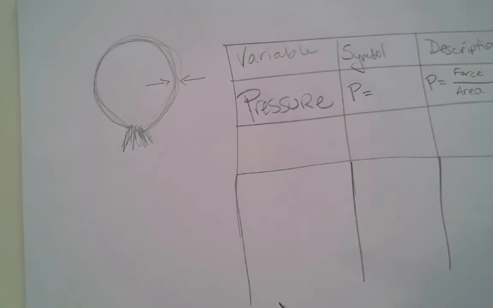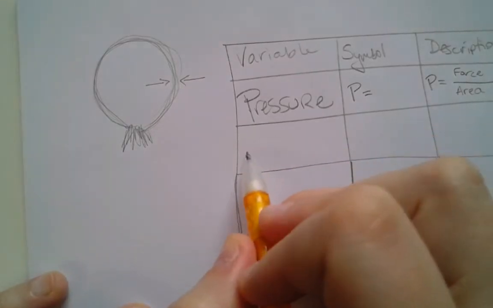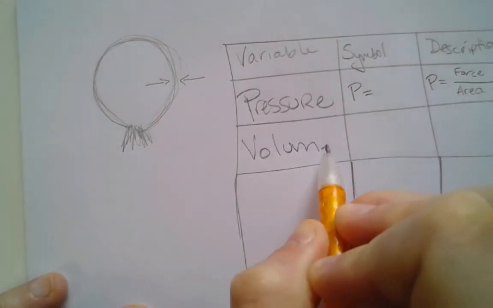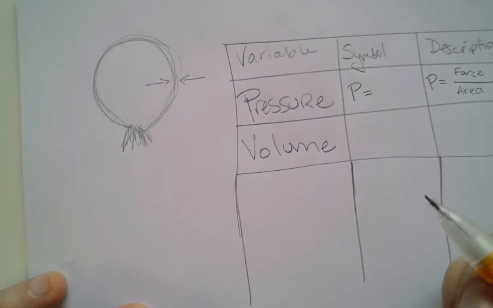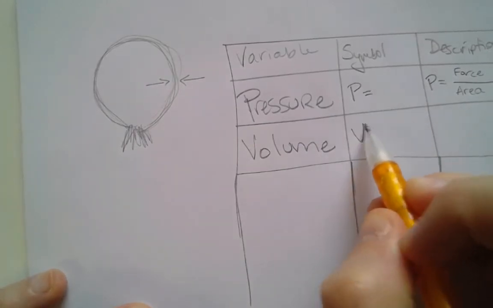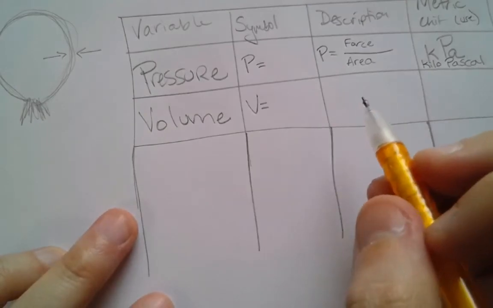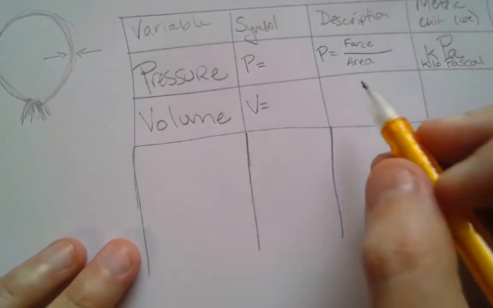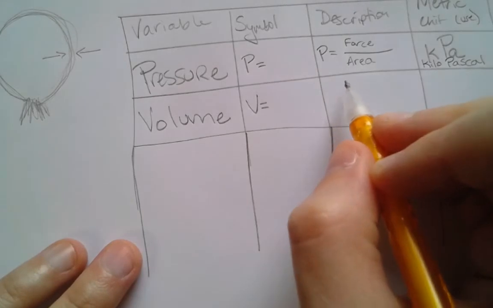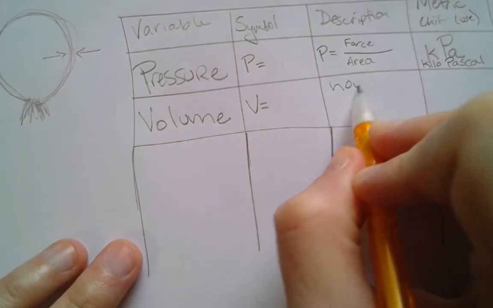I said, yes, definitely. What is a fancy math science term that you know for taking up space? And someone will say volume. The symbol for volume, unsurprisingly, is V. Probably matches math class also. Volume is a description of how much space it takes up.